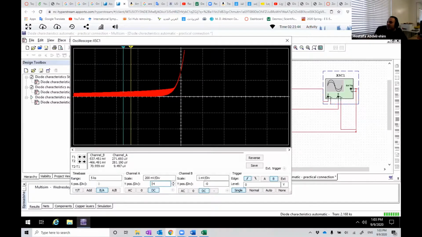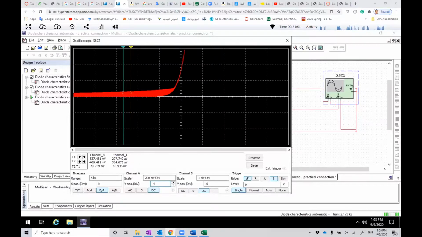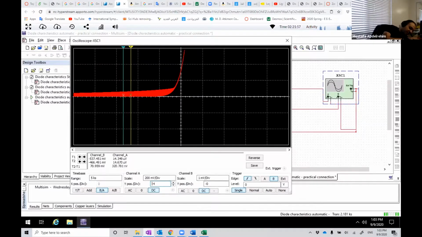Now the first point is at 1.6 divisions. Right. Yeah. The second point is between this tick and this tick, so it's 2.9.